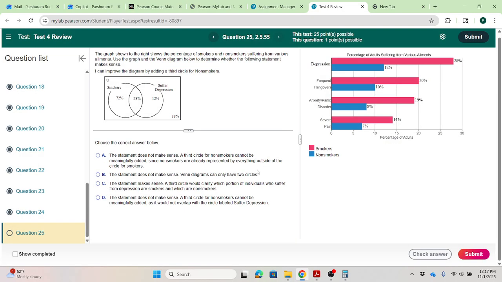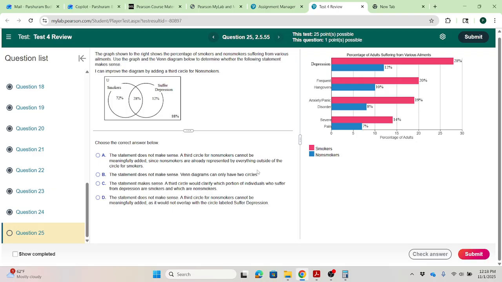Last question. The graph shown to the right shows the percentage of smokers and non-smokers suffering from various ailments. Use the graph and the Venn diagram below to determine whether the following statement makes sense. I can improve the diagram by adding a third circle for non-smoker. Smokers suffer depression.